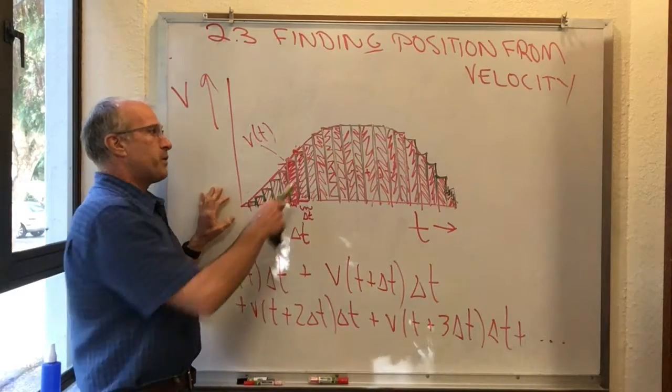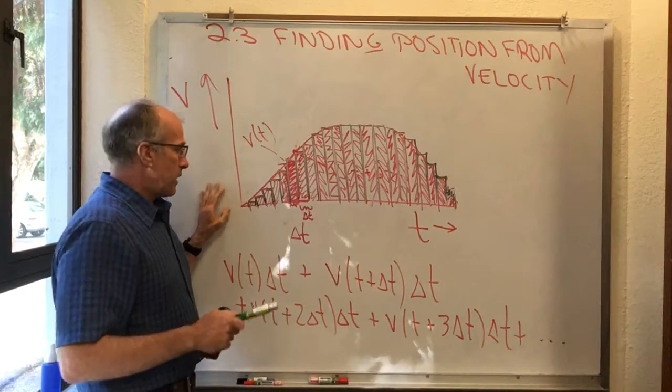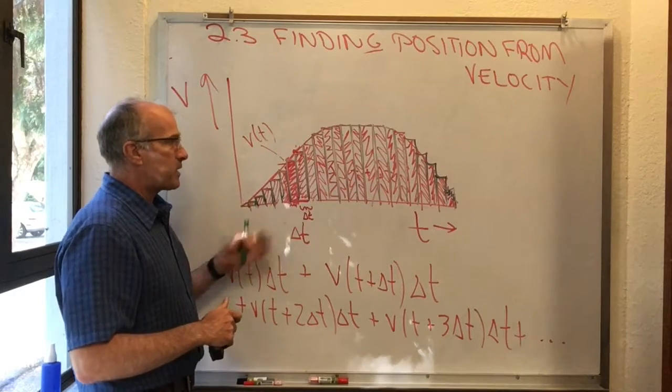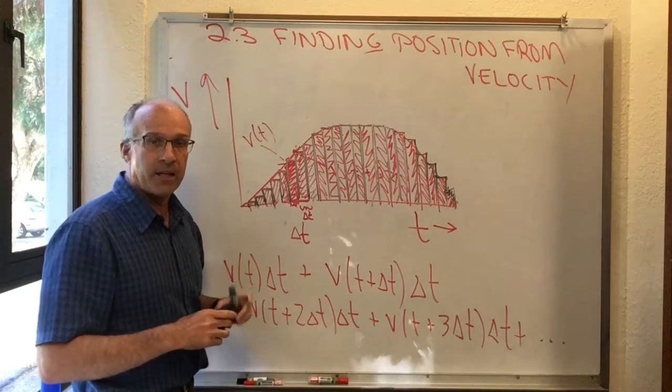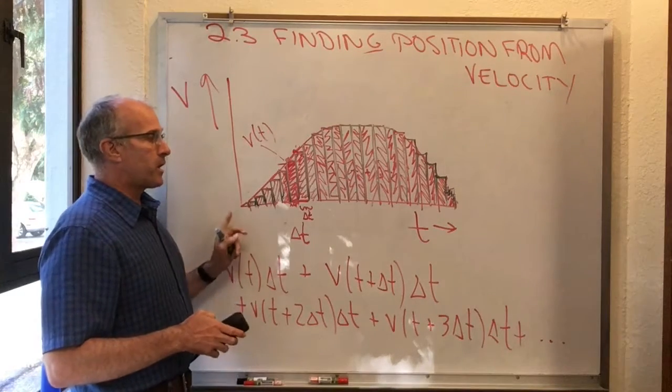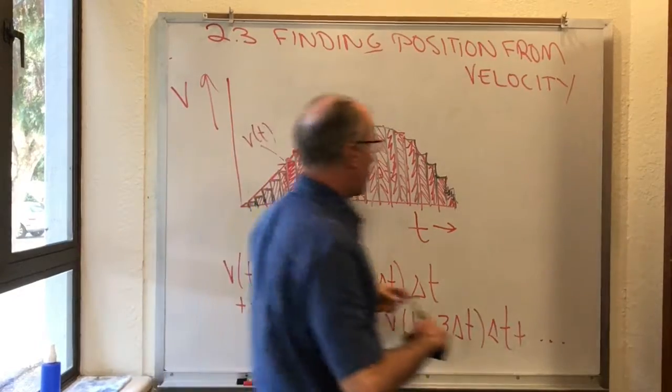Interesting. What we've shaded here is actually a whole bunch of widths times heights whose total width times height is the area under the curve. That's what mathematicians call the integral, but here let me write it.